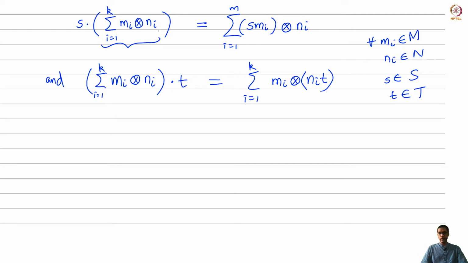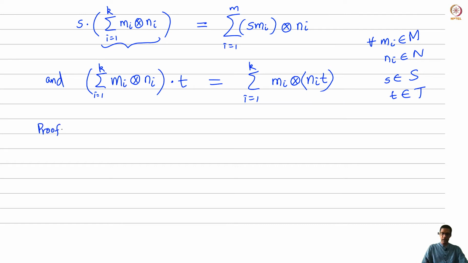So we don't really want to use that. What we will do, like we did earlier, is to use the universal properties of the tensor product, or rather the functoriality that we have already proven. So let's prove this.